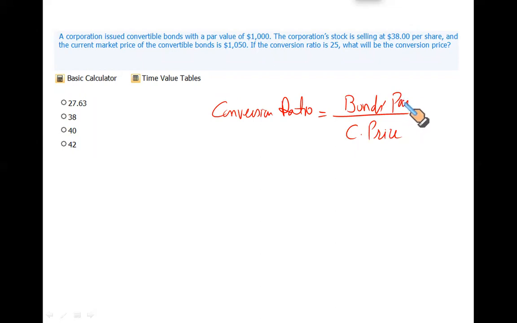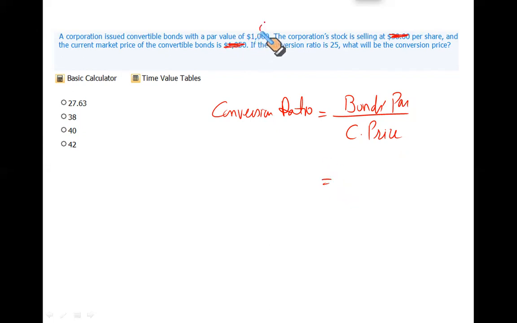Bond par is agreed when the bond is issued at the start and in the bond indenture, right? And the conversion price is also agreed at the start when the bonds were issued. And this will calculate the conversion ratio. So it doesn't depend upon the bond price, it doesn't depend upon the stock price, it depends upon these two numbers which are already agreed to when the bonds were issued and the bond indenture was mentioned. So just need to plug in the numbers.